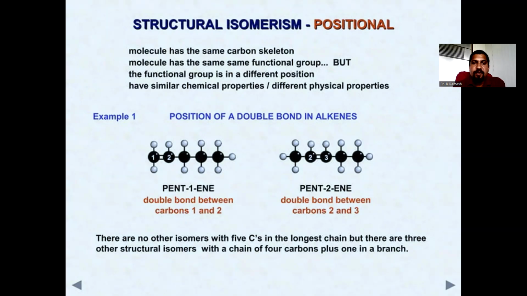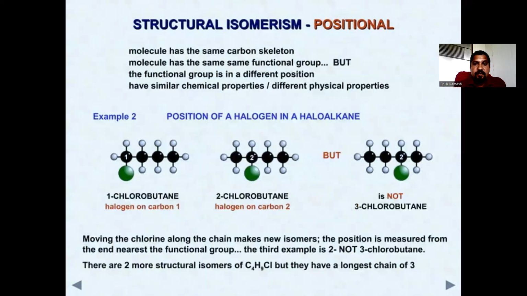I give the example of the position of the double bond in alkenes. Here there are 5 carbons. Commonly, if a double bond is present in any carbon, we call it pentane. But in positional isomerism, we can identify where the double bond is present.